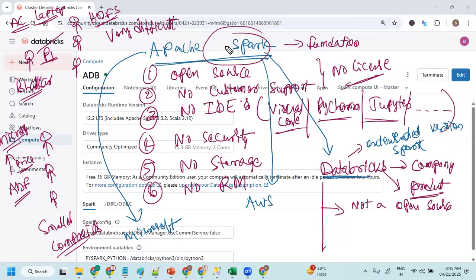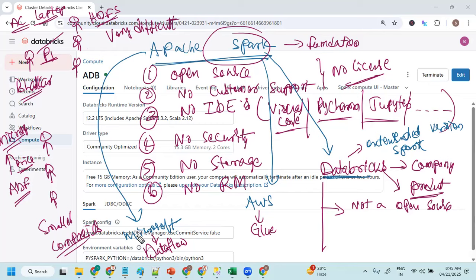Now the extended version of your Spark in Microsoft is Dataflow, and in AWS it is Glue. I'm not sure about GCP. GCP also, I think, has Dataflow. I'm not sure.